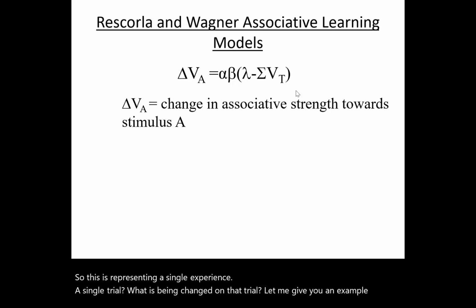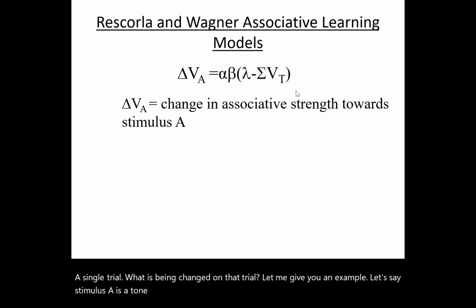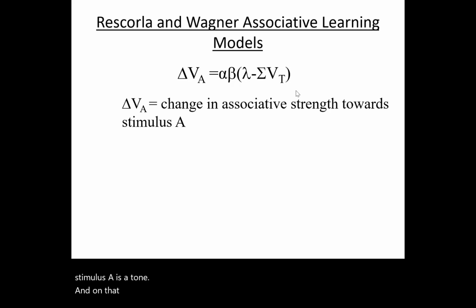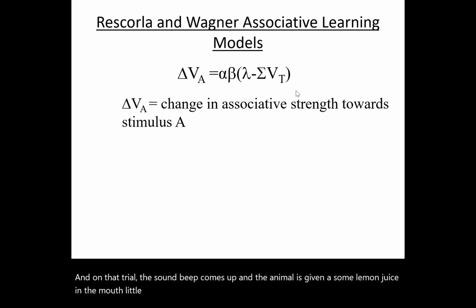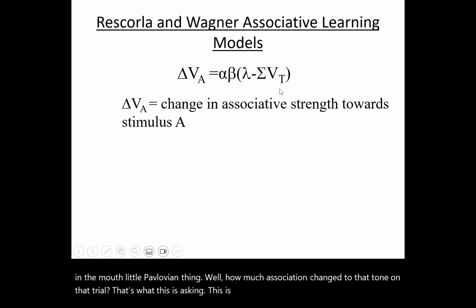Let's say stimulus A is a tone. Beep. And on that trial, the sound beep comes up, and the animal is given some lemon juice in the mouth. A little Pavlovian thing. Well, how much association changed to that tone on that trial? That's what this is asking. This is representing a single trial.